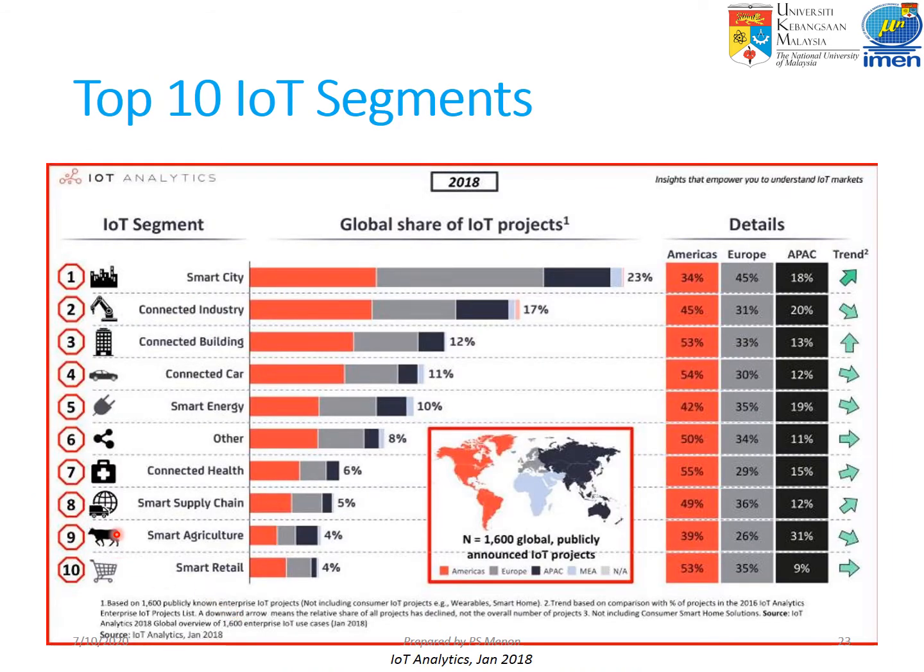The top 10 IoT segments, this was taken from IoT Analytics, January 2018. So it lists here smart city, connected industry, connected building, connected car, smart energy, others, connected health, smart supply chain, smart agriculture, and also smart retail. So you can see here it is divided into the Americas, Europe, and also Asia Pacific region.